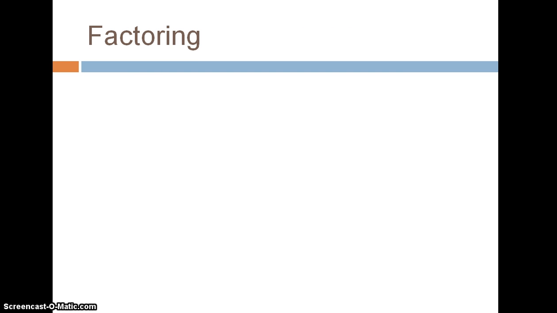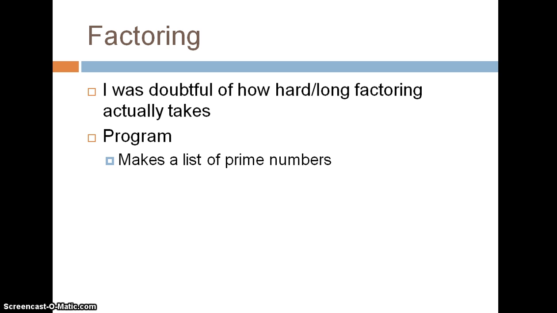So now I'm wondering to myself, how safe is this message if I were to send it to the person? What if it's intercepted? Basically, like I said, that's based on how hard or easy it is to factor the value of N. I was doubtful of how hard or long factoring actually takes. Even if N is really big, I'm thinking to myself, it can't actually take that long to factor it.